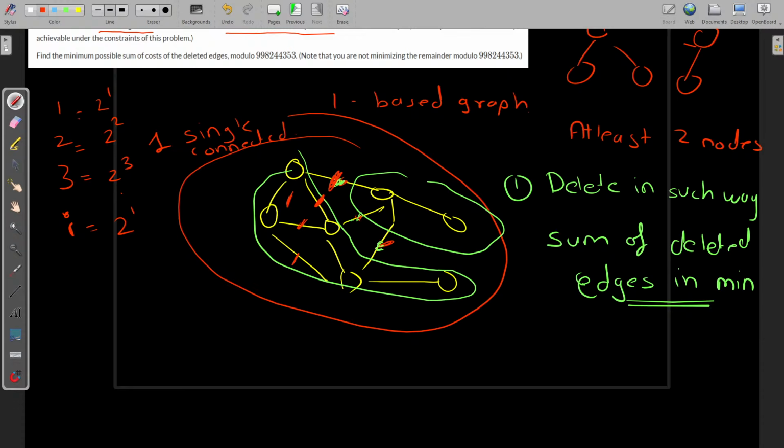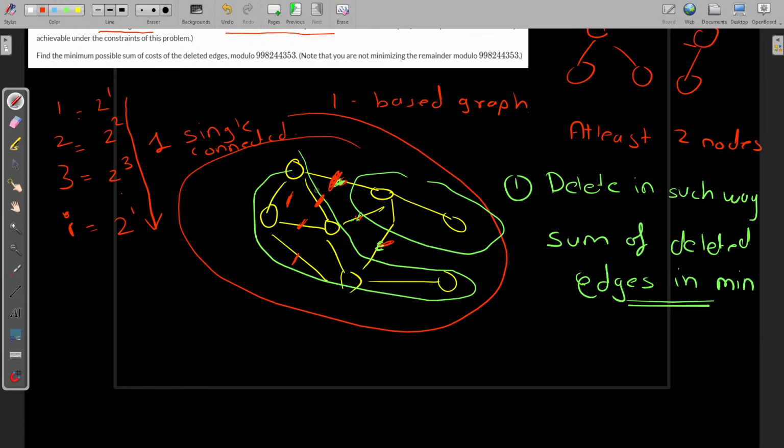So there are various ways in which you can divide the graph into two components, but since the weights of the edges are strictly increasing and they are also powers of 2, that introduces us to an amazing property which I will cover. But for now, we can see that there are multiple ways to divide the graph into two connected components, and we have to delete edges in such a way that the sum of deleted edges is minimum.